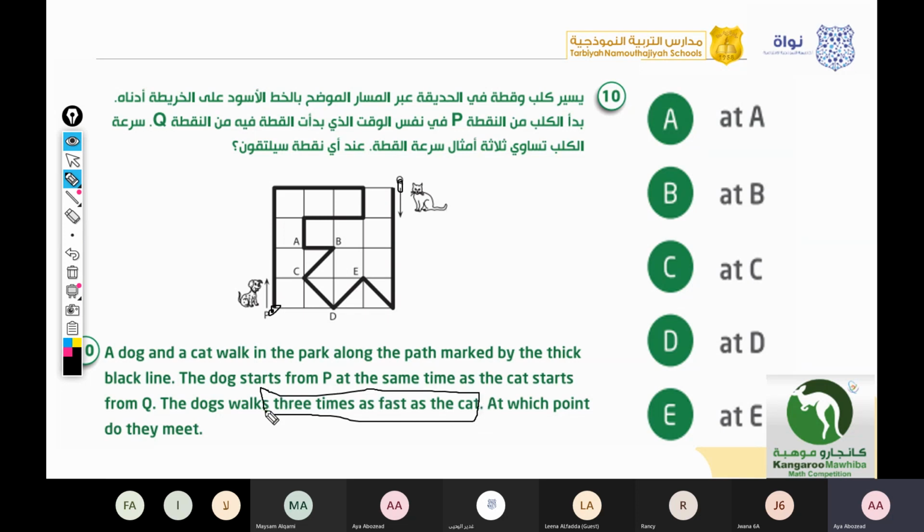That means if the cat moves 1, the dog will move 3. So they will meet in which place? 3, 2, 1, start. I'm waiting.